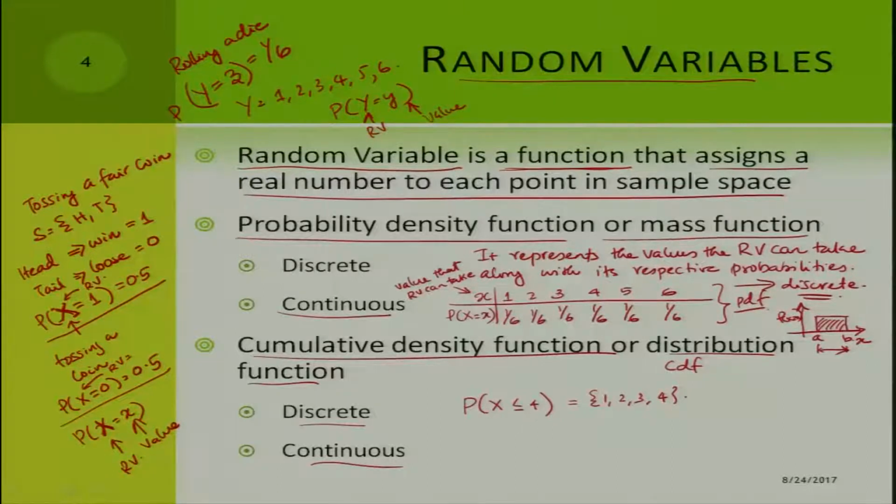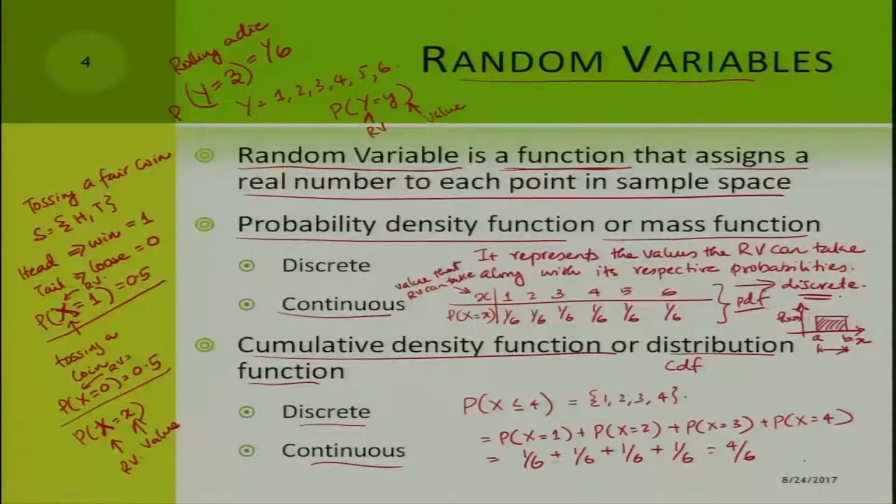So how do I get that? That is equal to the probability of big X equal to 1 plus probability of big X equal to 2 plus probability of big X equal to 3 plus probability of big X equal to 4, which is equal to 1 over 6 plus 1 over 6 plus 1 over 6 plus 1 over 6, equal to 4 over 6. So this is the probability that I roll a fair die and get any value less than or equal to 4.